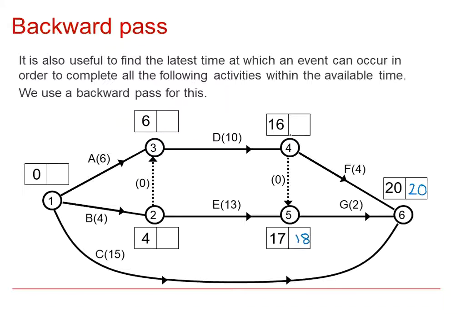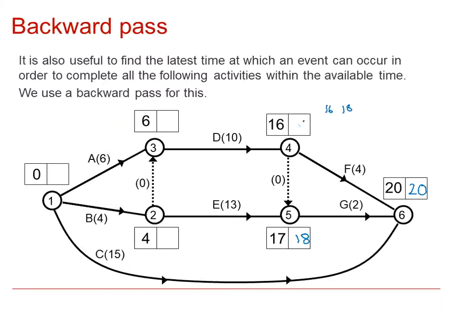This event here at node 4 is the latest time that I can start F and G. I need the time in order to start F, and because of the dummy I need to start G. So it's either 20 take away 4, which is 16, I'll just write that down, or the latest time I can start G straight along with this dummy is 18.